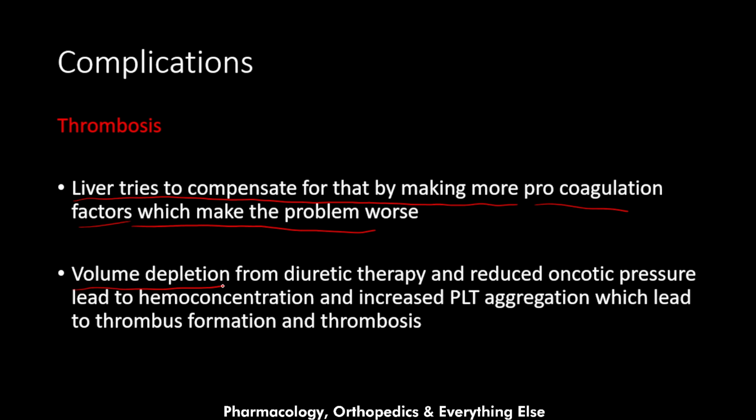And the volume depletion from diuretic therapy and reduced oncotic pressure lead to hemoconcentration and increased platelet aggregation, which leads to thrombus formation and thrombosis. So basically, the antithrombin 3 lost, the volume depletion, the hemoconcentration all lead to thrombus formation.